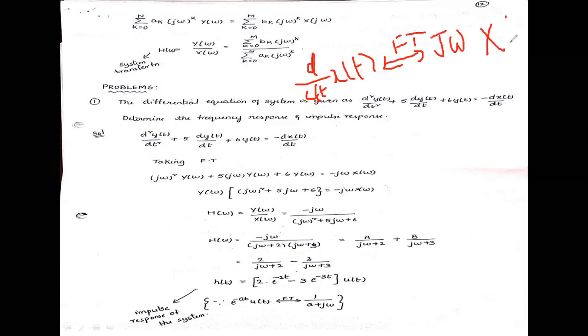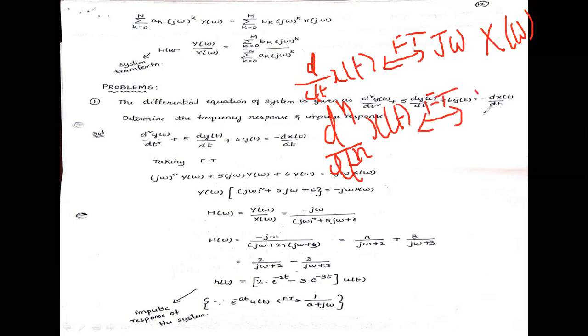Don't use that directly. You can apply the differentiation property. Whatever we know, the property is: d by dt of x of t has Fourier transformation j omega into x of omega. If it is the nth derivative of x of t, the Fourier transformation is j omega whole power n x of omega.